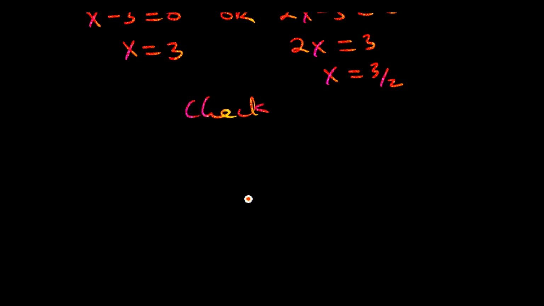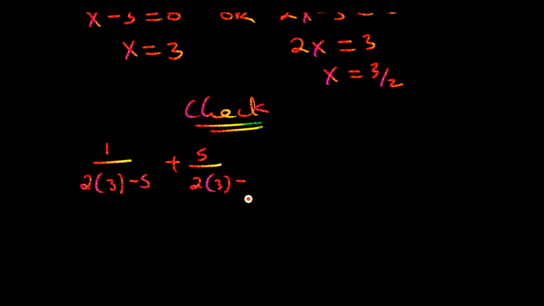So now we can check if this solution is true. Let us start with 3. Remember our equation was 1 over 2x minus 5 plus 5 over 2x minus 1. So 2x, x is 3, minus 5, plus 5 over 2 times 3, minus 1. And then you're going to check if this is indeed equal to 2.